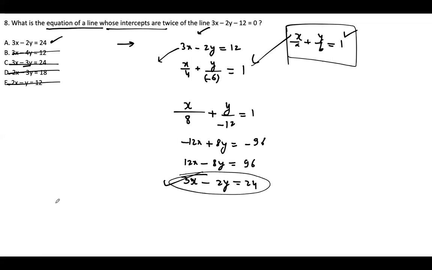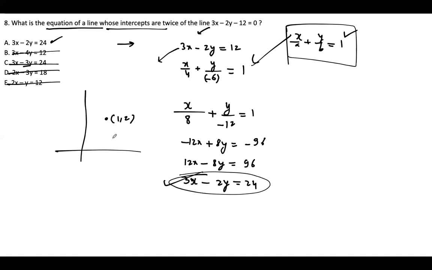If you're talking about A comma B, you're talking about coordinates, and in the other case, you're talking about intercepts. Those two are different things.